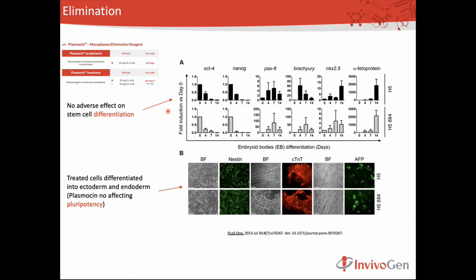And after that, they really look at whether the two cells can differentiate into ectoderm and endoderm to really look at the pluripotency in real situation. So H5, H4 can both be differentiated into ectoderm and endoderm. So it shows that Plasmozine is completely effective and at the same time very safe.